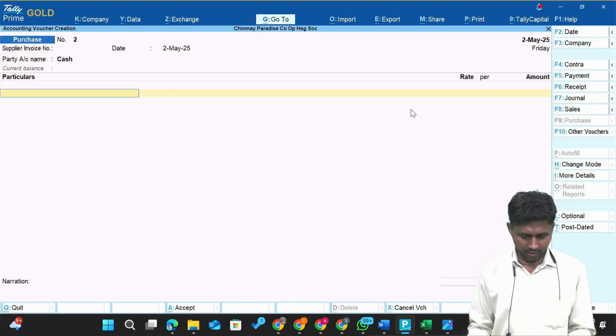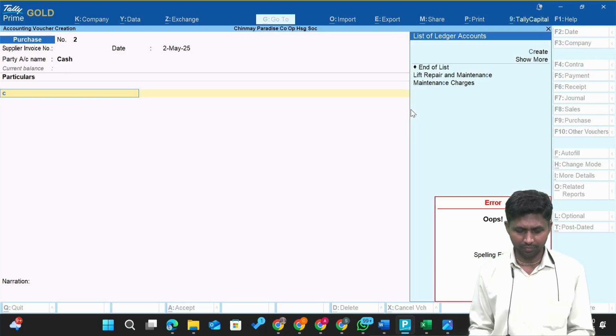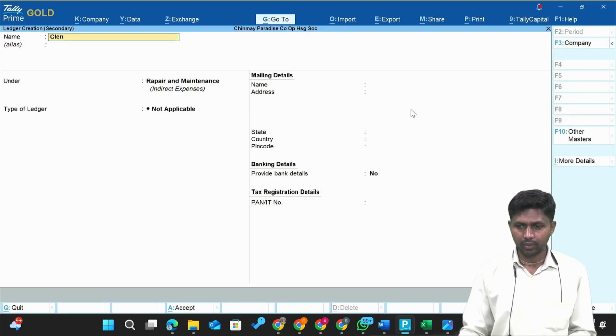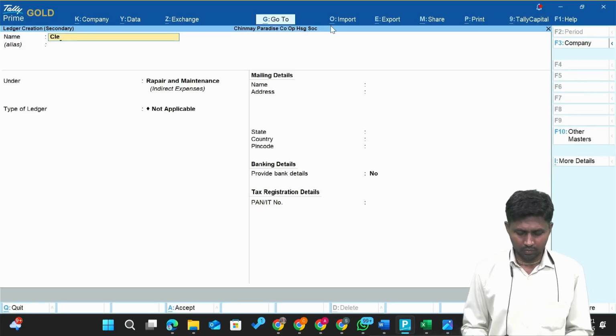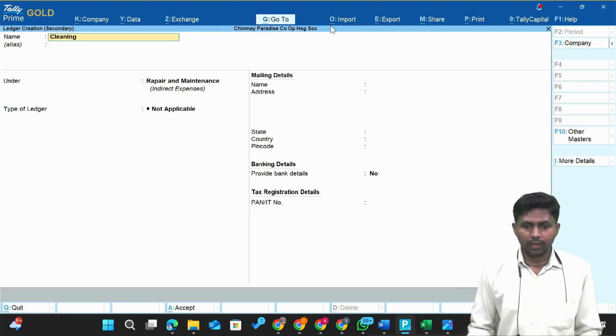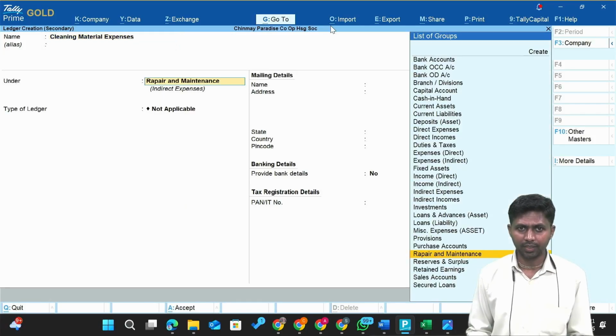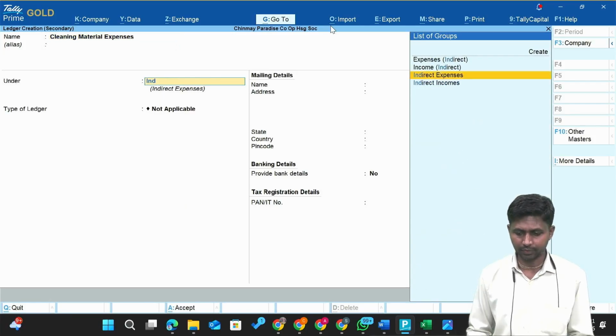Enter and save in the particular cleaning material. Just try to type, we don't have it in the ledger. Okay, just cleaning material expenses under indirect expenses.